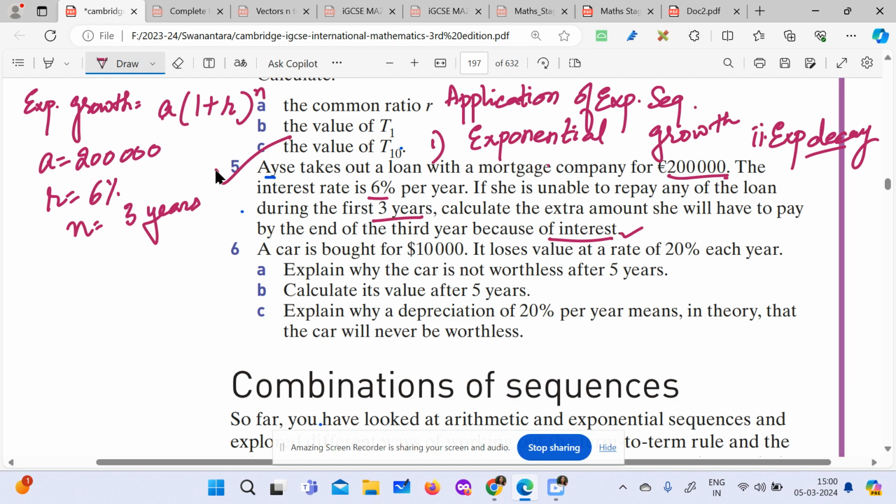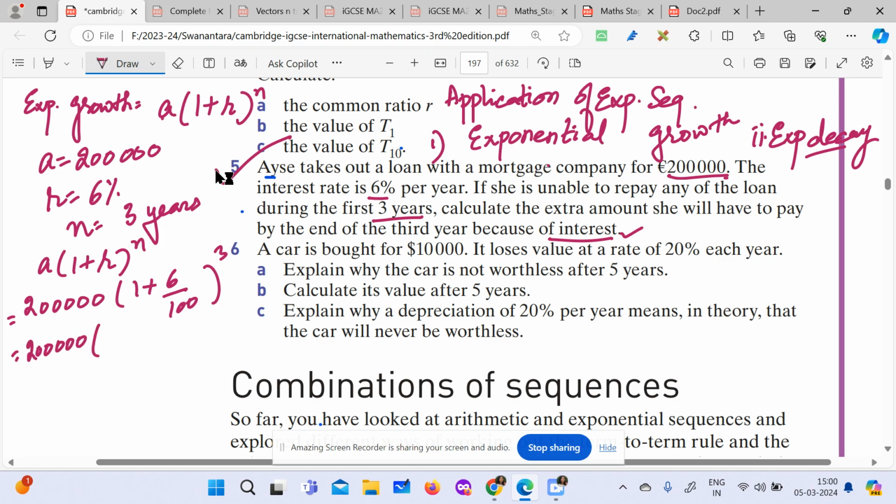So you will have 200,000 times (1 plus 6 over 100, since the rate is 6%) to the power of 3. So this will reduce to 200,000 times 106 upon 100, so we can write it as 1.06 to the power of 3 directly.